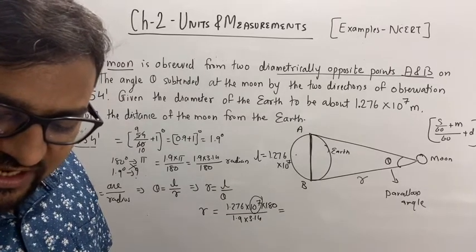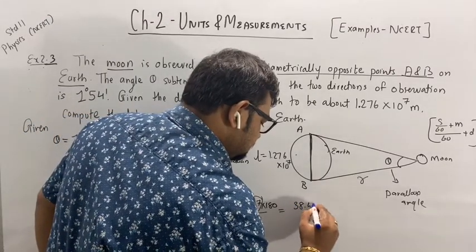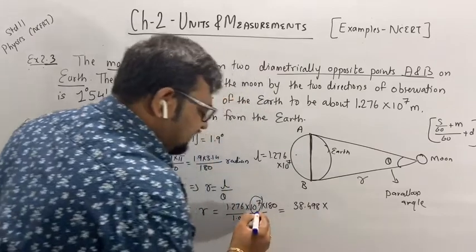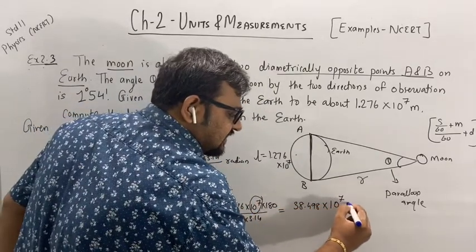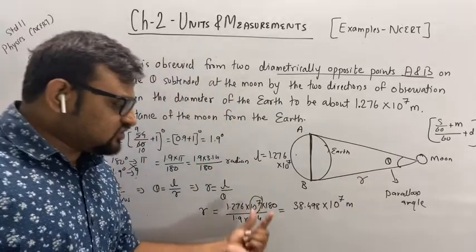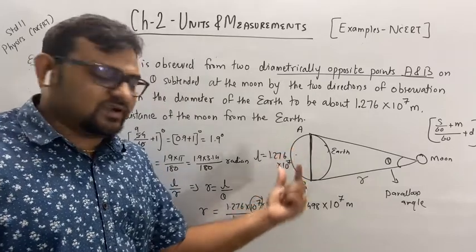So this is 38.498 into, we didn't take this in calculation, so this will be directly into 10 raised to 7 meter. If it was 10 raised to 7 in the denominator, then I would take it in the numerator as 10 raised to minus 7. But it's in the numerator.